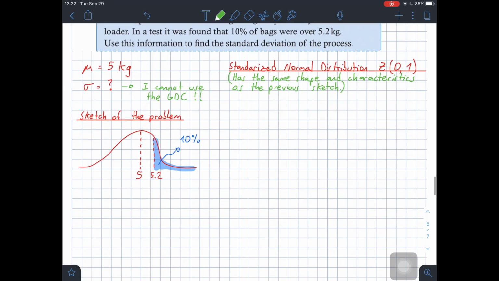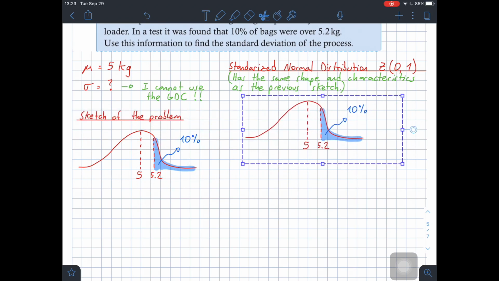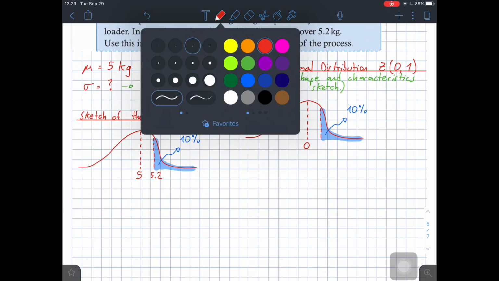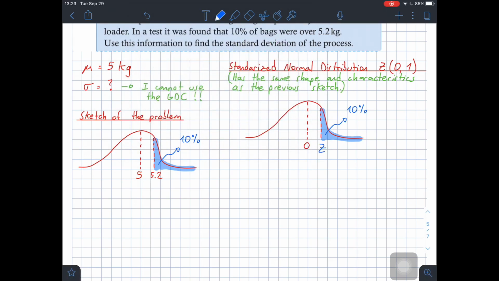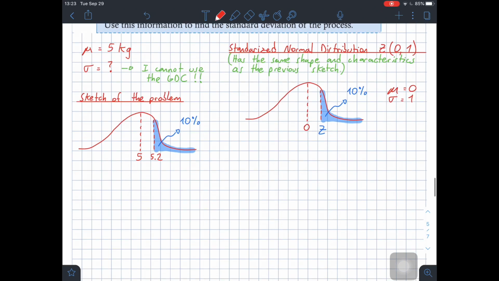If I do the same sketch but change the information for the mean and standard deviation, the mean is now 0, and we need to find a value C where the probability of being above it is 10%. Now we have the mean of 0 and the standard deviation of 1, so I can find this value C, which I will later relate to the value of 5.2.